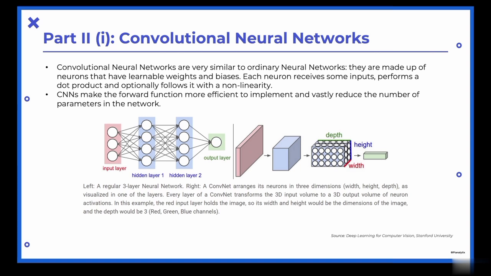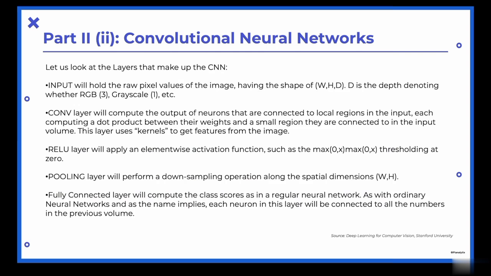On the right-hand side, we can see a convolutional neural network, and we can see how it arranges its neurons in 3 dimensions: width, height, and depth, as visualized in one of the layers. The convolutional neural network transforms the 3D input volume, that being the image in this case, to a 3D output volume of neuron activations. Let us look at a few layers that make up the CNN.